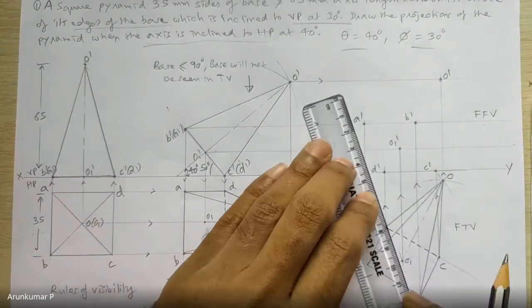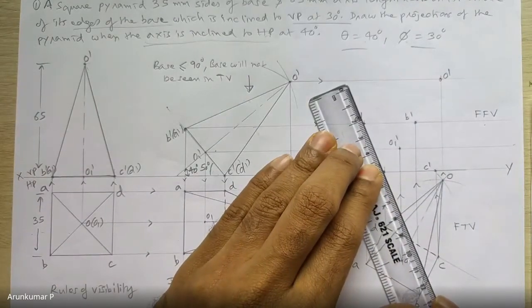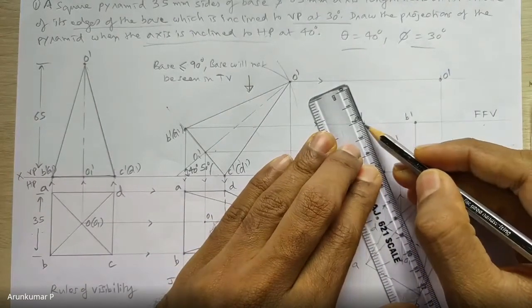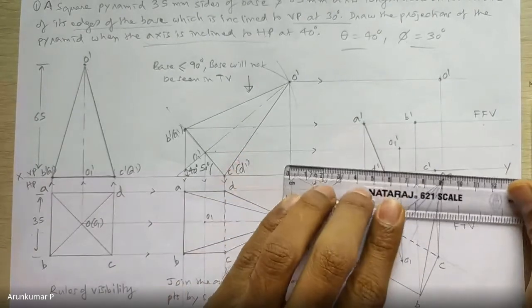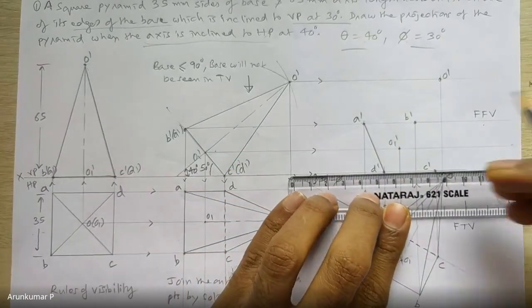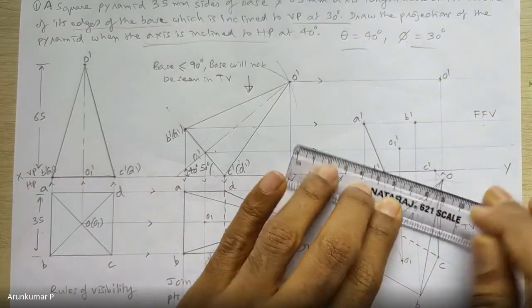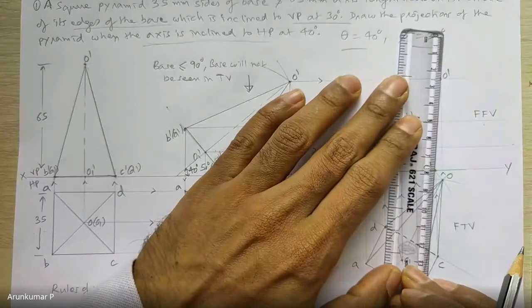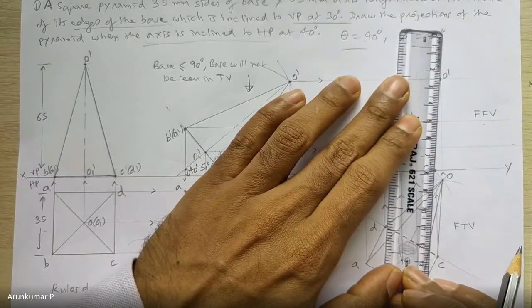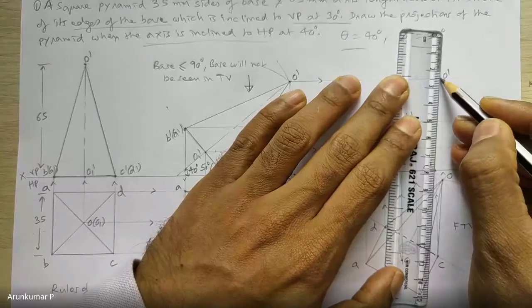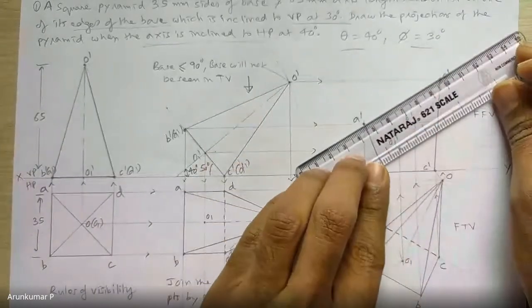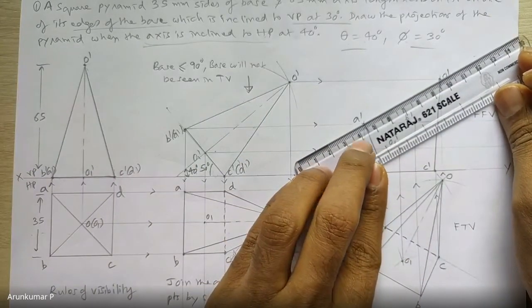So join the exterior points straight away. Join A dash to D dash. Solid straight lines. Join D dash to C dash. Join C dash to O dash. Join O dash to A dash.